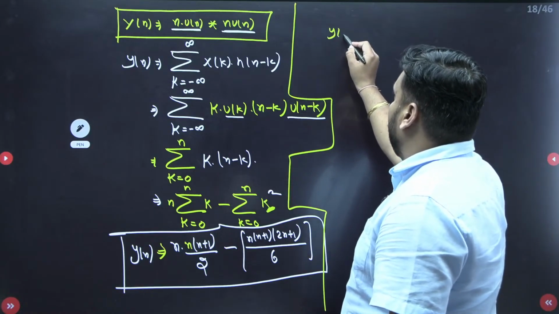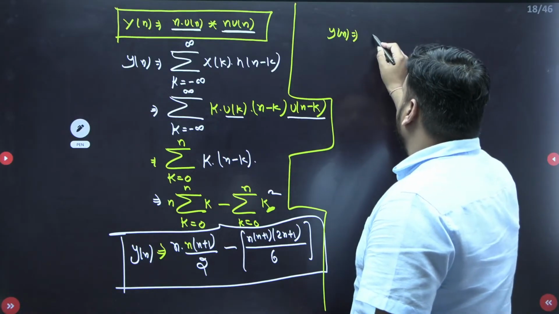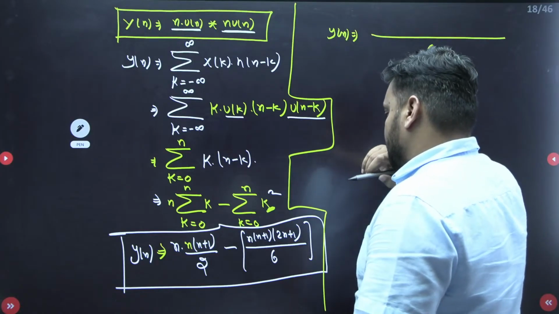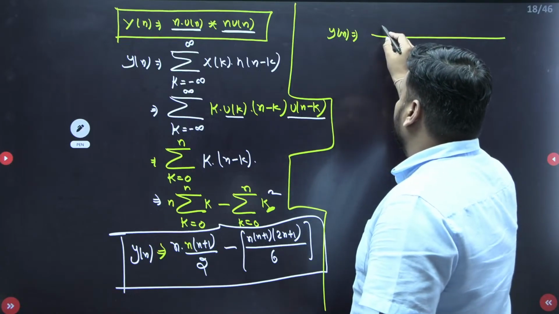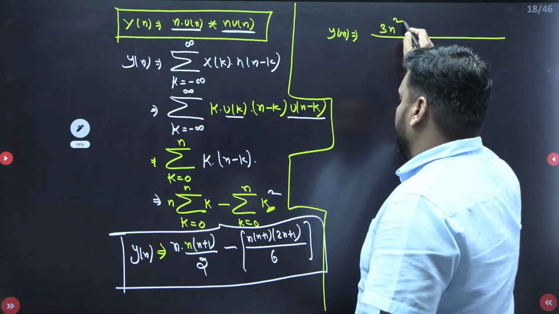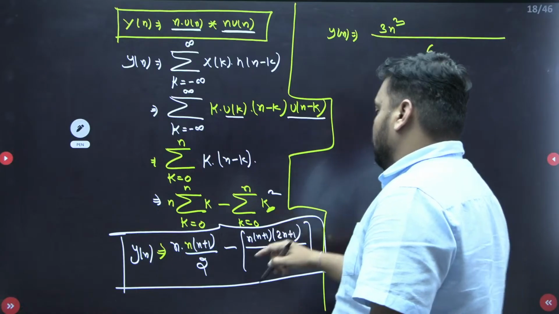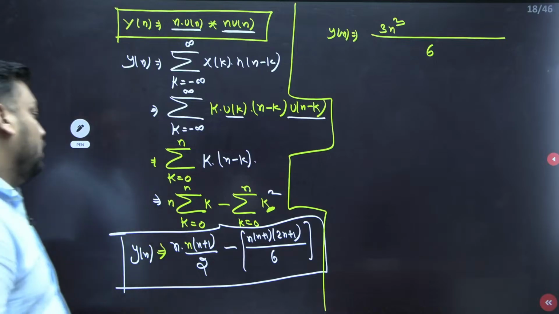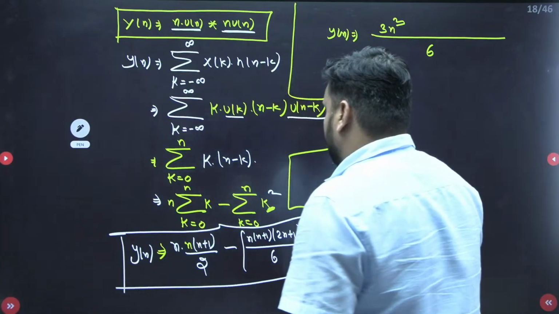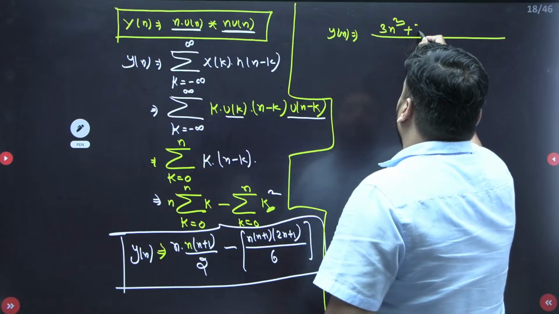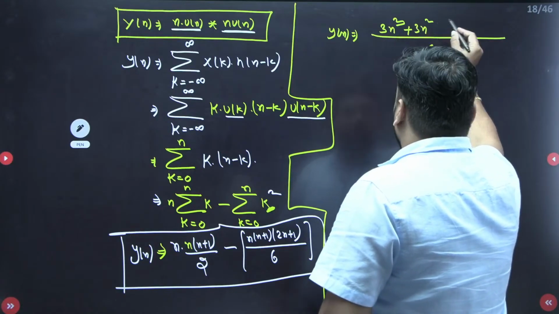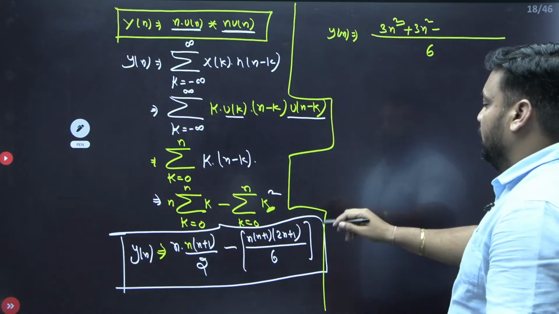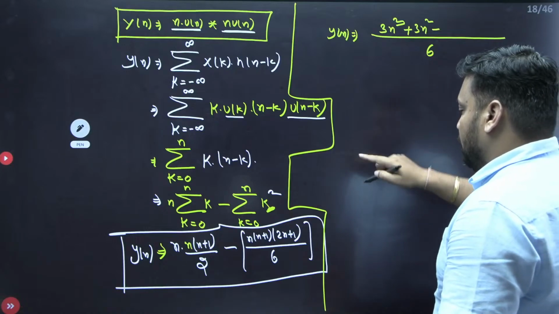So ultimately your y of n will be what? If I take the LCM 6, then 2 3s are 6. So the first term will be 3n square into n, that is 3n cube. Plus 2 3s are 6, 3n square. Plus 3n square, minus, when you multiply all out, 2n cube.